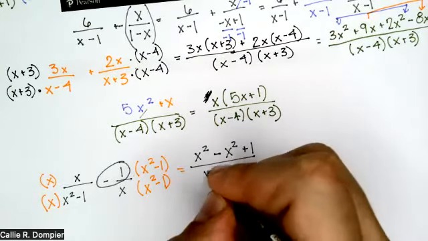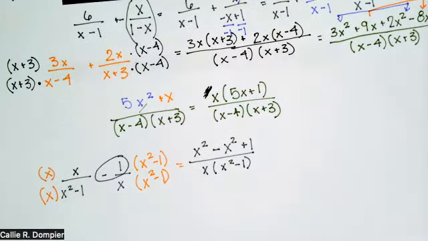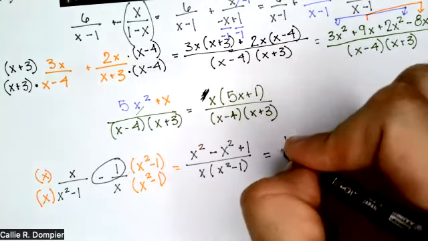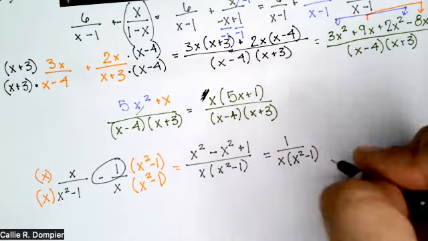And then on the bottom, I just have x times x squared minus 1. X squared minus x squared, those cancel out, and I just have 1 over x times x squared minus 1.